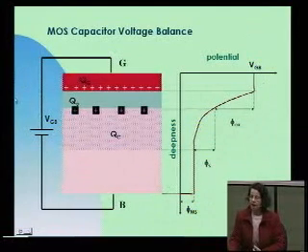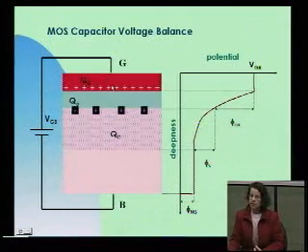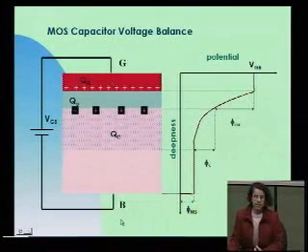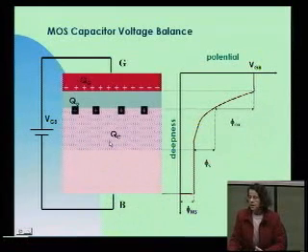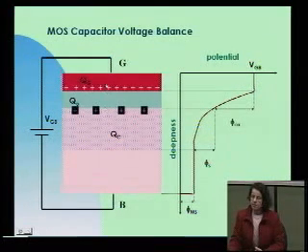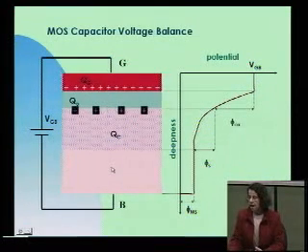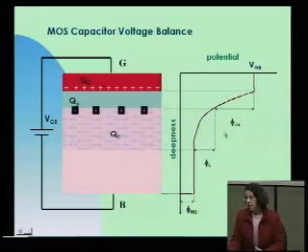It requires that the applied voltage between gate and bulk is equal to all the voltage drops here inside the MOS capacitor. The gate has a potential, but we have a voltage drop through the insulator, and also a voltage drop in the semiconductor.